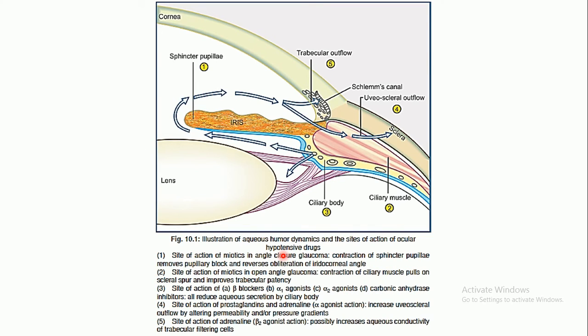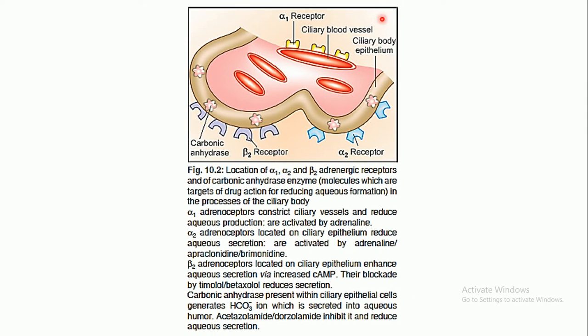Now coming to the site of action of this particular drug. At the ciliary bodies, usually the carbonic anhydrase enzyme is getting inhibited, and that's how aqueous secretion will get affected. So this picture makes it more clear.